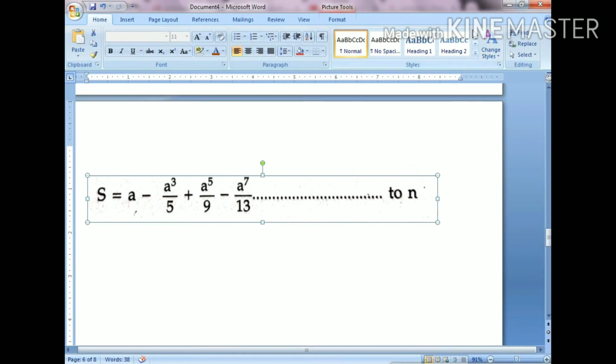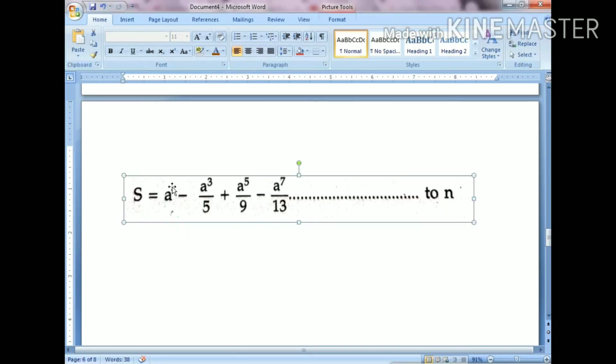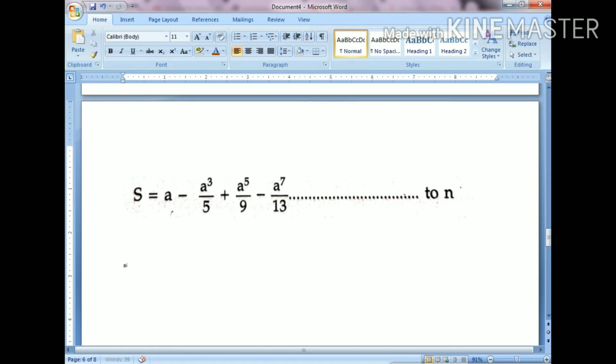That means in that part you get a power i divided by p. Okay, and after that p plus equals 4 and i plus equals 2. That is the concept for the given series.